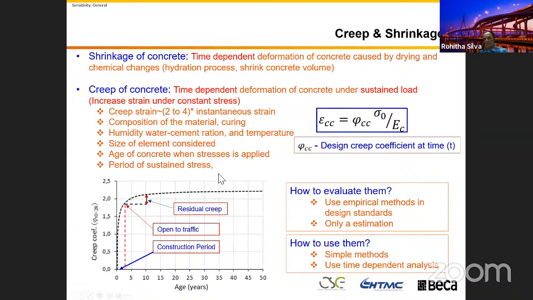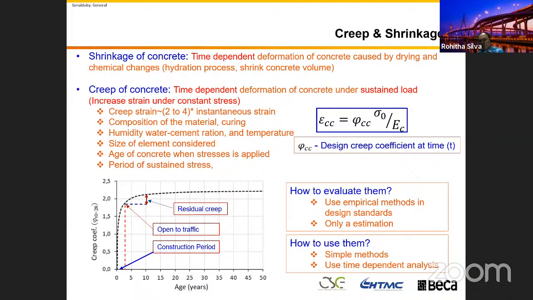If I summarize creep and shrinkage, you need to understand that shrinkage happens in the early stage of the concrete. In proper bridge construction, most concrete structures you have to cure for at least 7 days.